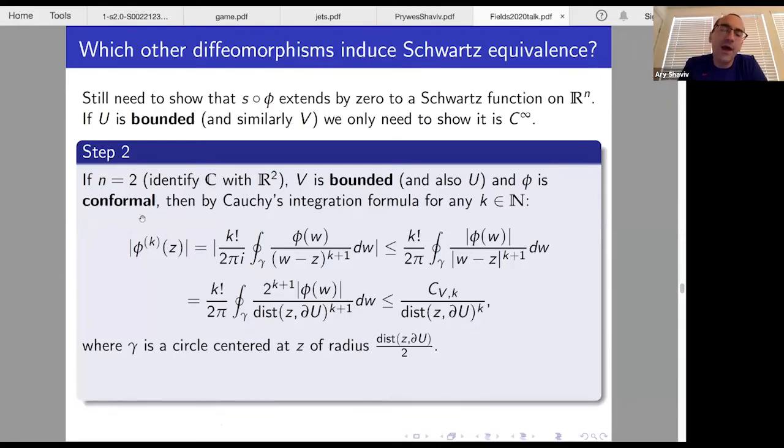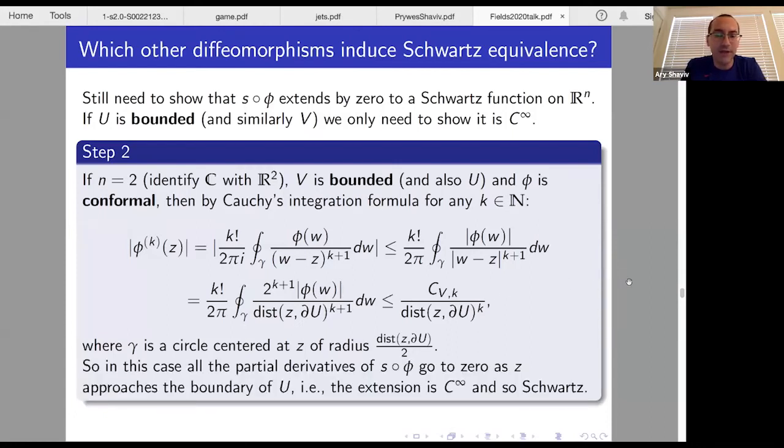So in any case, we have that the kth derivative of Z is bounded by some constant over the distance to the boundary function to the power k. Maybe k is very big, but I don't care. In fact, it's not big. K is exactly the kth derivative here. So if we look at the first derivative, it does not explode more than 1 over the distance to the boundary. But in any case, we have this bound, and now we are pretty much done.